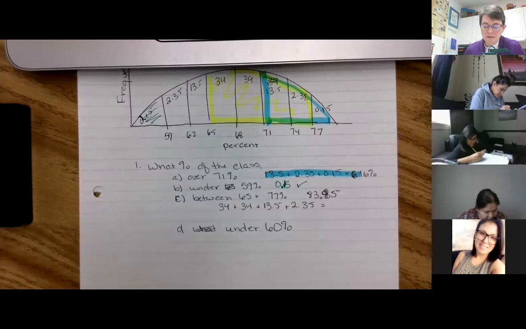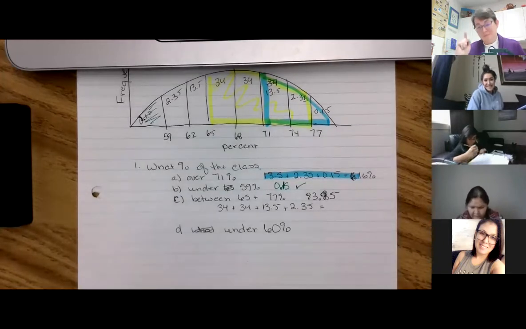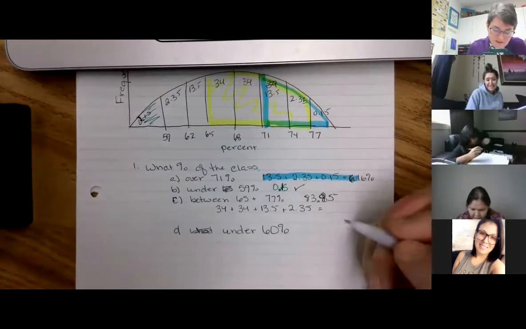Michelle, what's the problem with 60%? That the number's not on the bottom. Right, so what are we gonna have to use? The table. Yes. And what else? The Z score to get to the table. Yes, right.